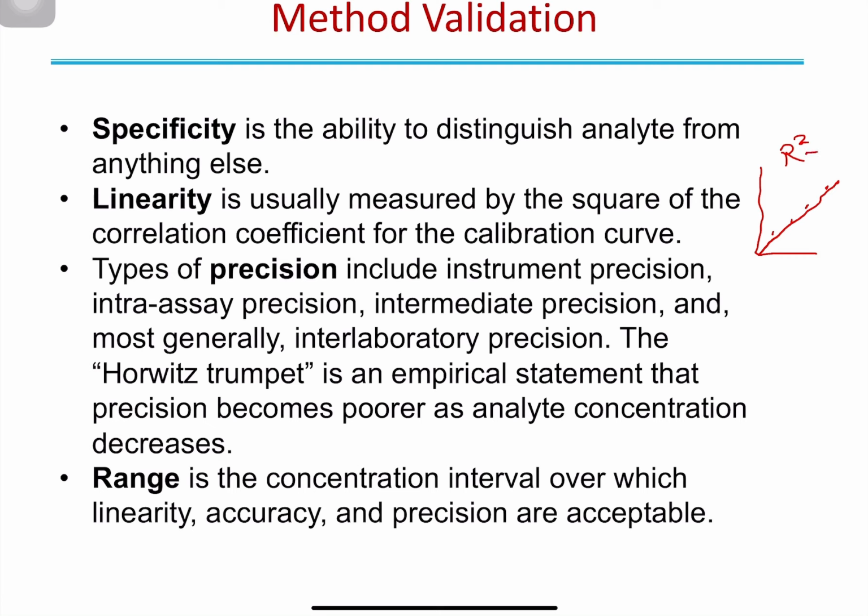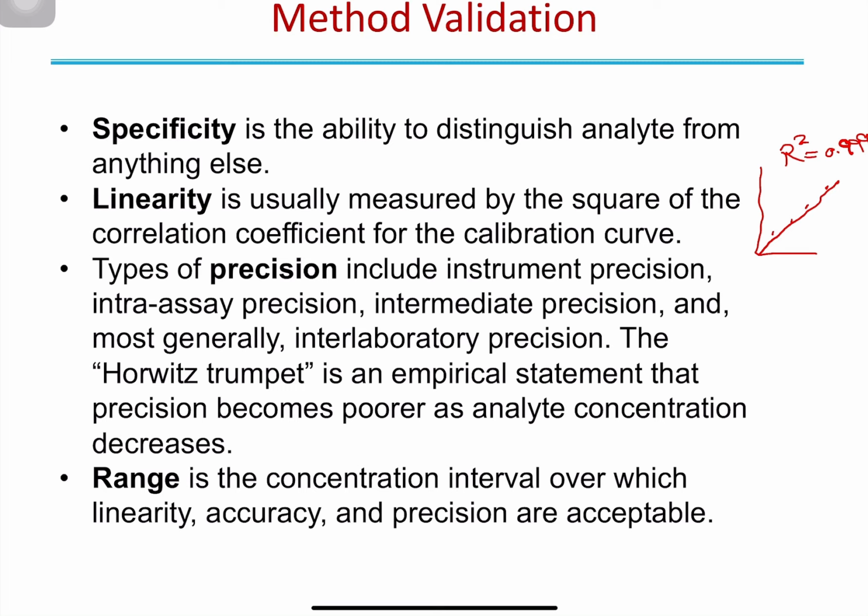The value of R squared should be as close as possible to 1. 1 means that all the data points actually fall on the straight line, but it's never 1 because there is always a random error. So it will always be 0.999, something like that. The closer it is to 1, the better the linearity of your calibration curve.